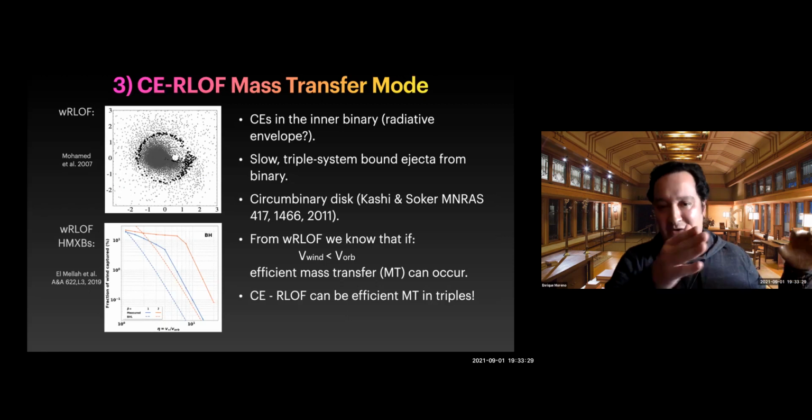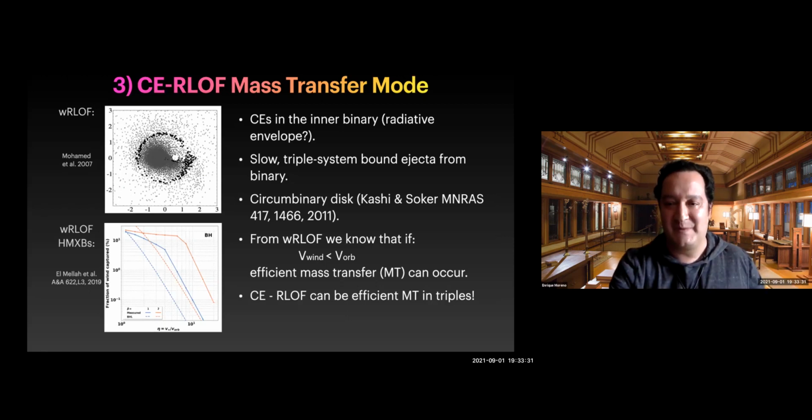So Cygnus X1, you needed a directed wind to explain some of the properties there. And at that time also came Mohammed's result, where they basically simulate a directed wind when the star is very close to filling its Roche lobe. It can focus the wind and transfer very efficiently mass.